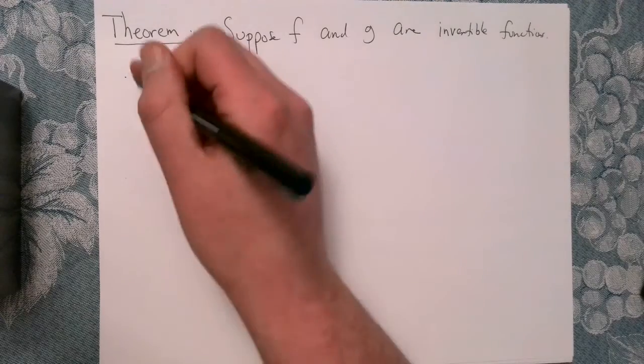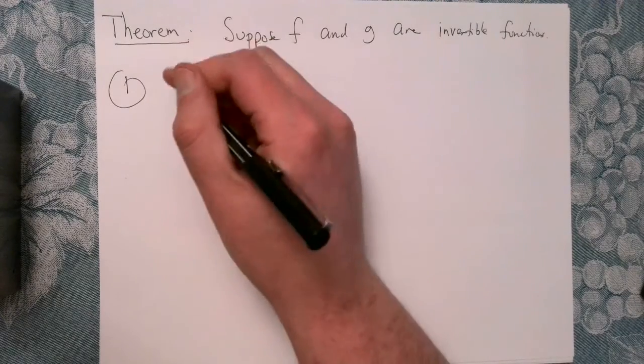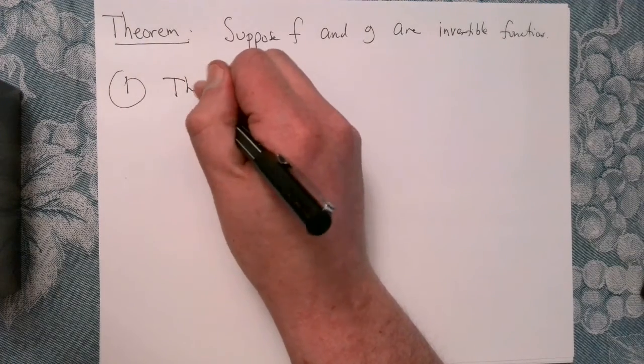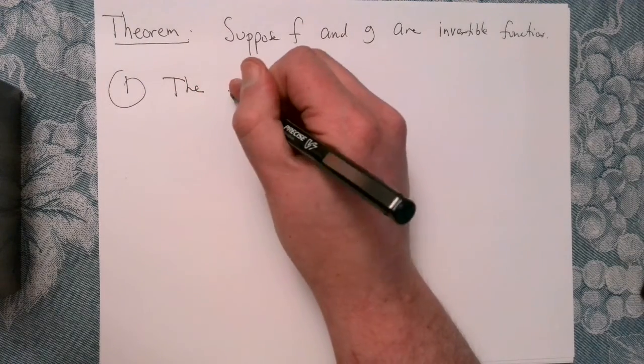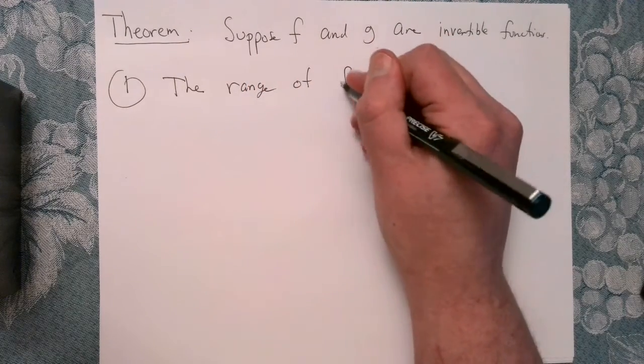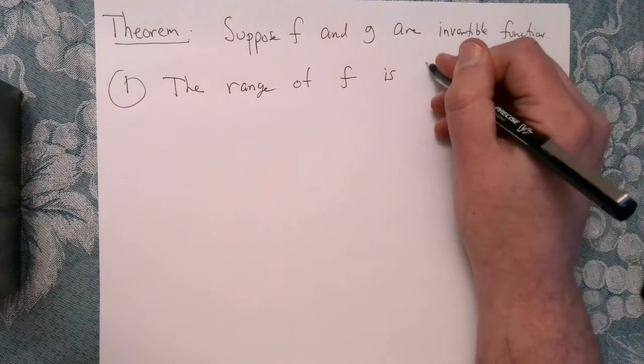So we're going to get a whole list of things. So the first thing is, well, the range of f is the domain of g. Remember, the range is the set of all outputs. So the range of f is the domain of g.